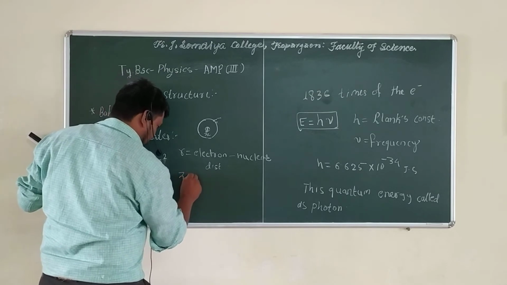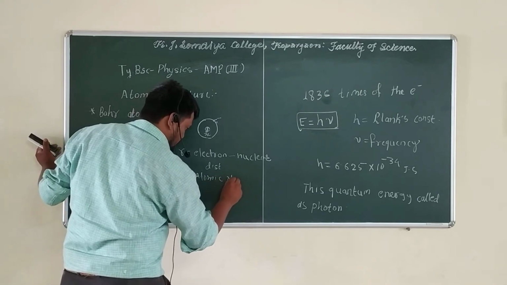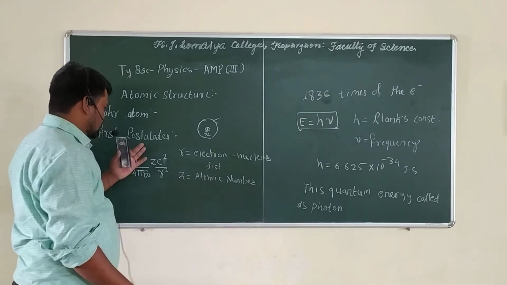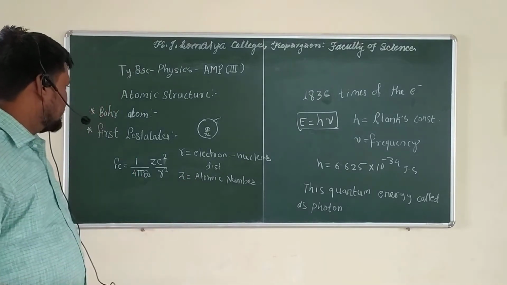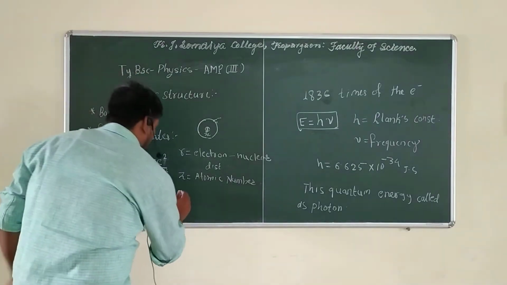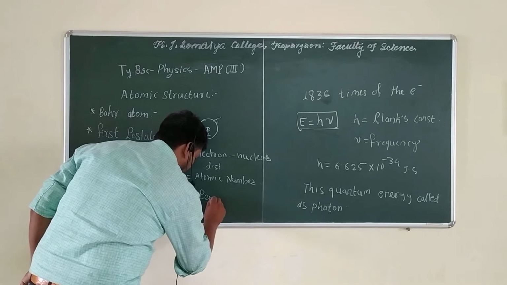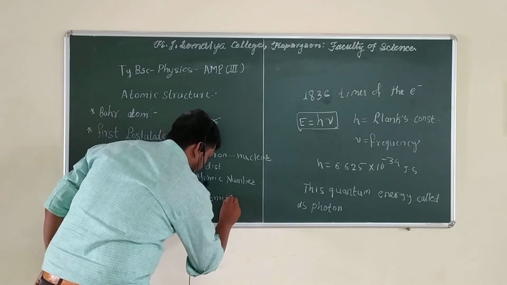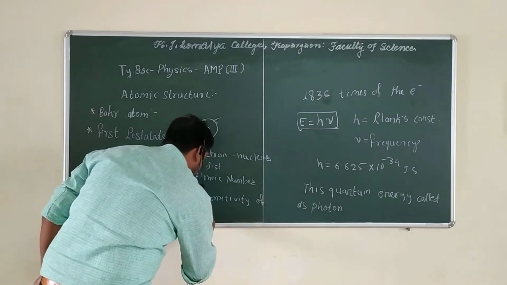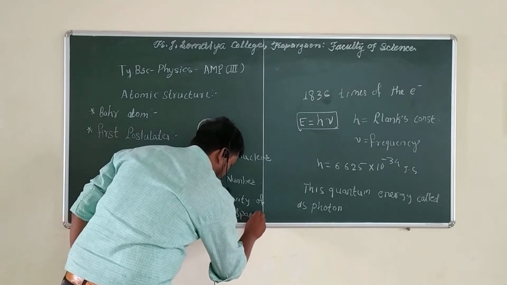This Z is the atomic number. 1 upon 4 pi epsilon naught is a constant quantity, e is the electron charge, and epsilon naught is the permittivity of free space.